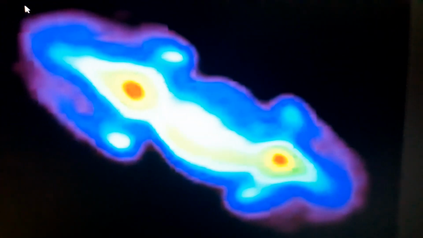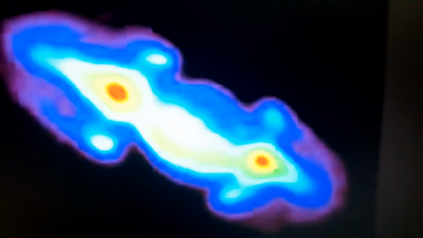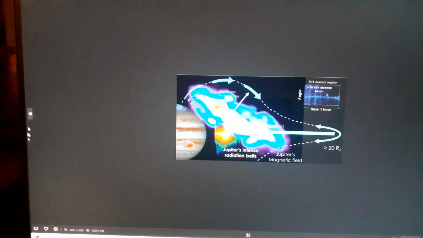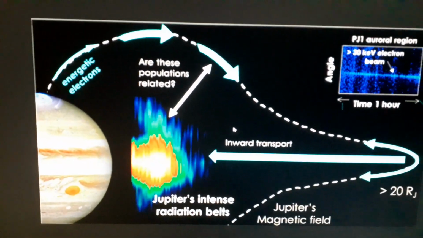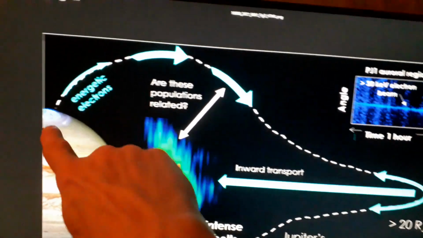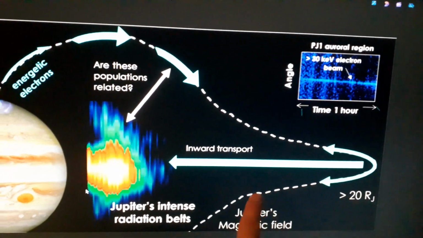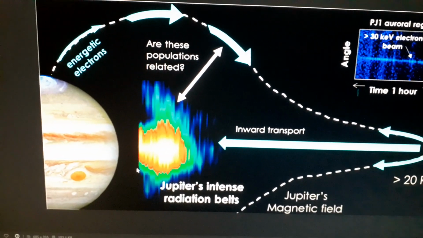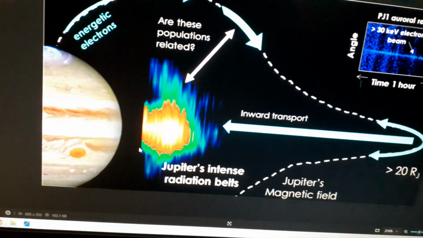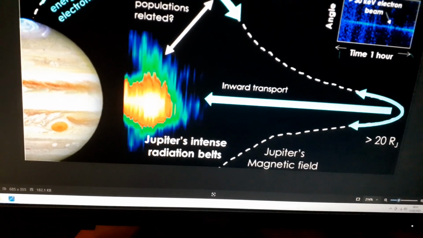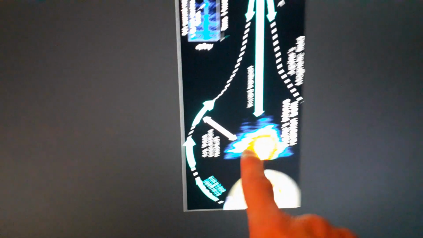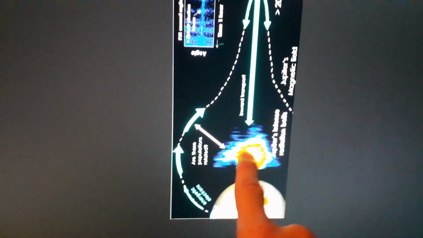Let's see. It looks like a spaceship, doesn't it? There we go. So we've got that black hole shape going around it. Also, you've got your teardrop shape, like your peacock feather, which has also got the sun in the centre of it.